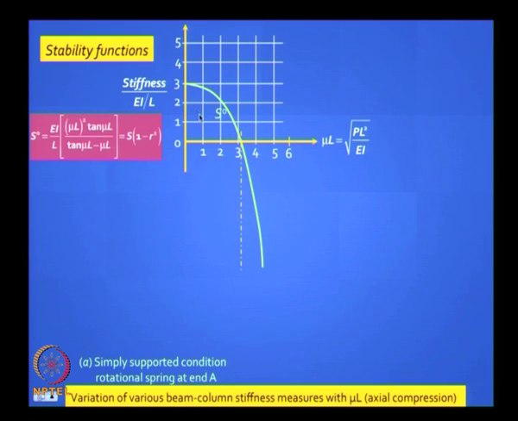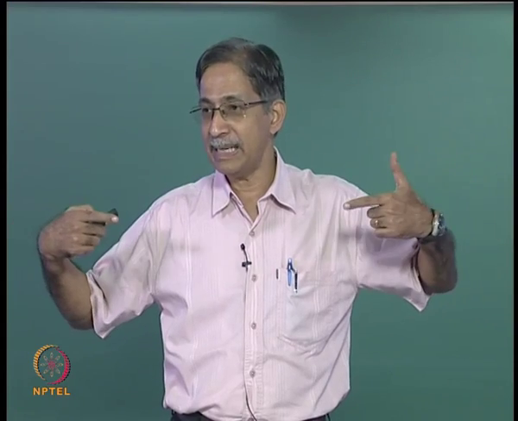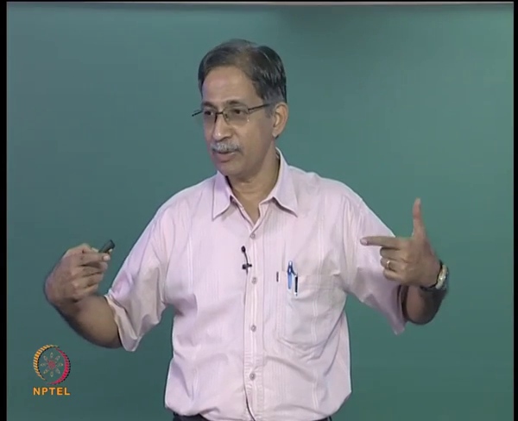When I have no axial force acting, it's 3EI by L. When I have some axial force acting, it reduces, and it reduces to 0 in fact when the level of axial force is what? You can see that, it's hitting 0. When will that be? That's the limit, asymptotically, when it hits a pure buckling case for a simply supported beam. Is it clear?